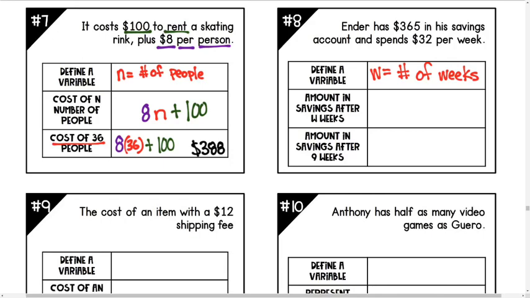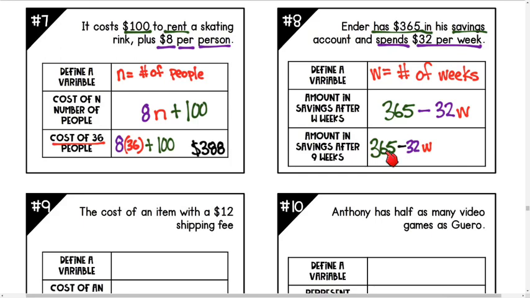So I go ahead and take some information here. He started with 365 and he's spending money, which means that we take the 365 and we subtract the amount he spends every week, which is $32 times the number of weeks that he does it. In this case, we take 9 as our number of weeks, so I write out my problem.